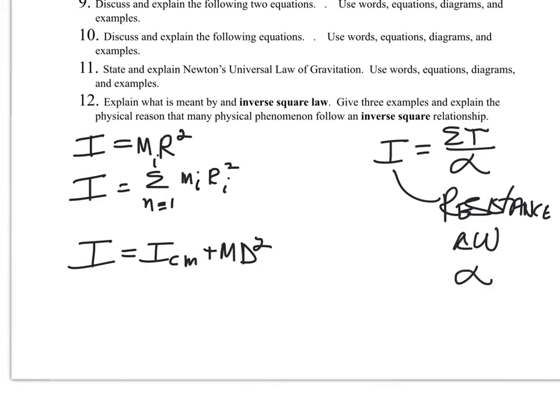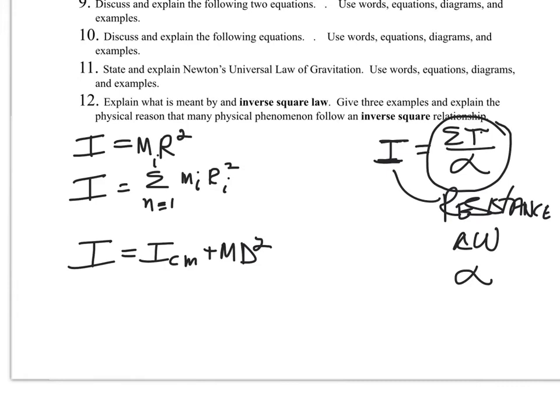Resistance to angular acceleration, and that's best expressed in this equation. An applied torque leads to an angular acceleration, and so rotational inertia is that resistance to angular acceleration. So the bigger the inertia, the smaller the acceleration, or the more torque required.